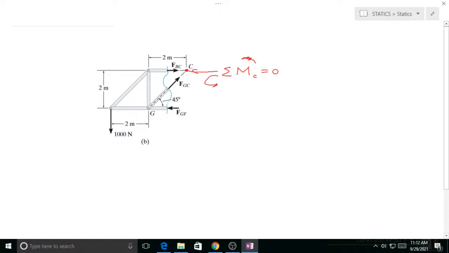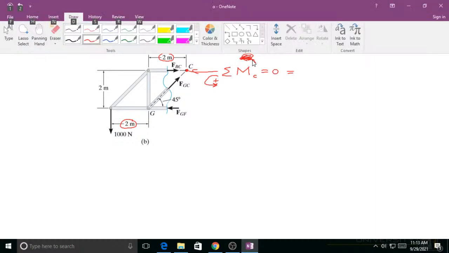And if you're summing the moments, you have to decide which way is going to be right or left. Since this is 2 meters and then 2 more meters, I actually have, well, I did that right down here. Here, hang on, let me get rid of that glob up there.